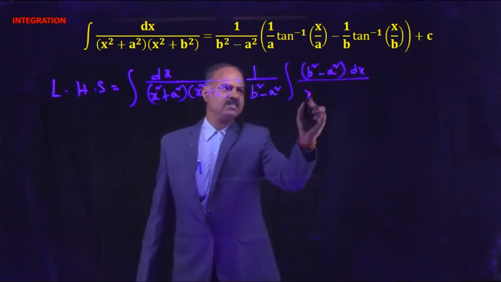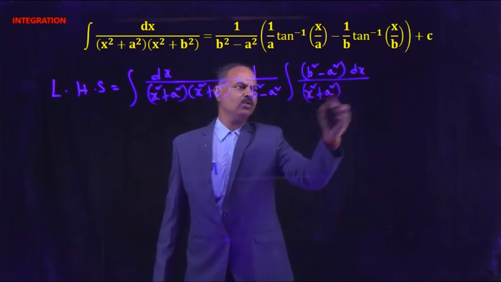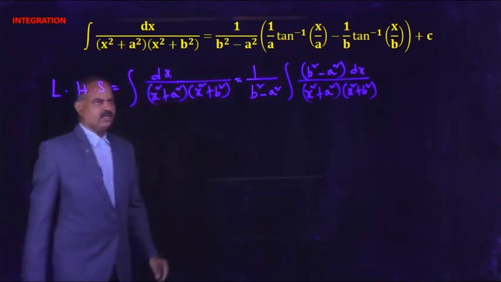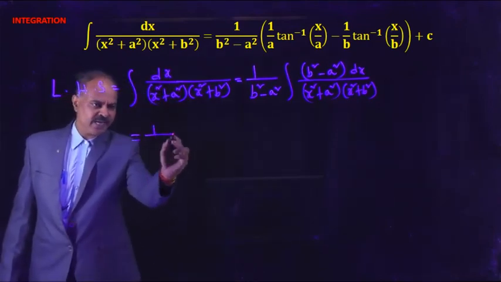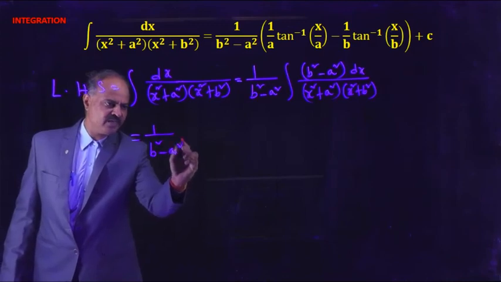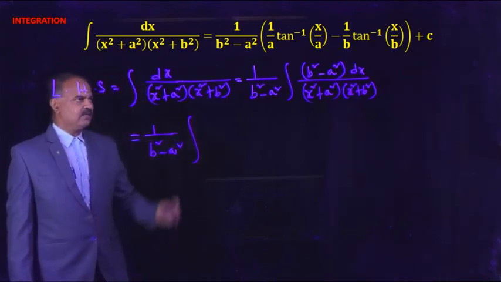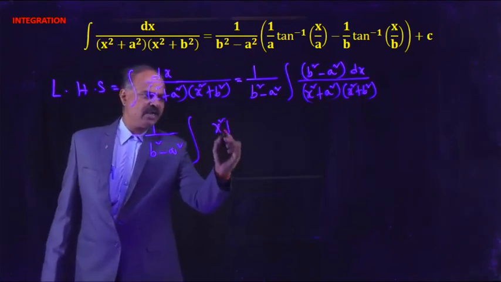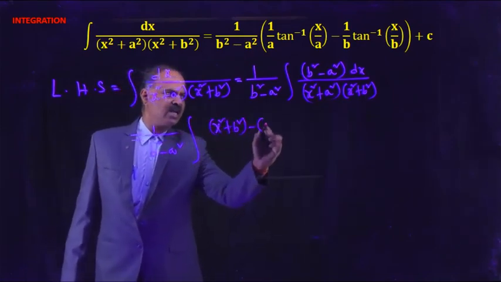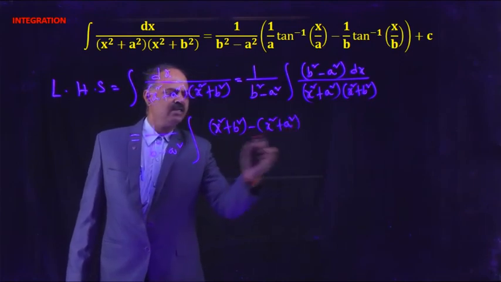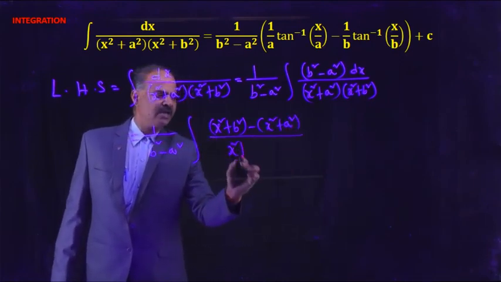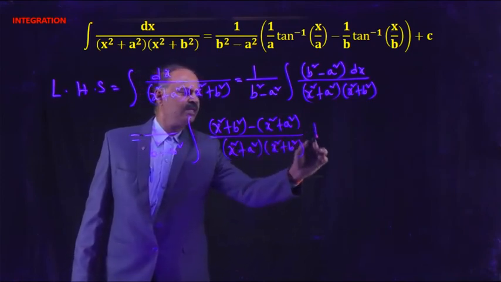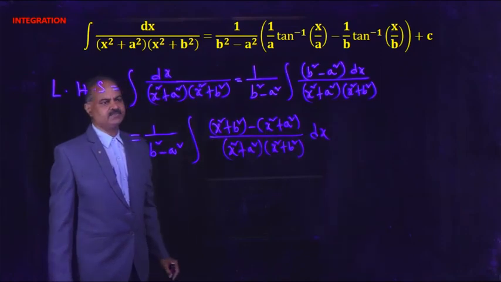Now this is equal to 1 by (b square minus a square) into integral, b square minus a square can be written as (x square plus b square) minus (x square plus a square), divided by (x square plus a square) into (x square plus b square) dx.